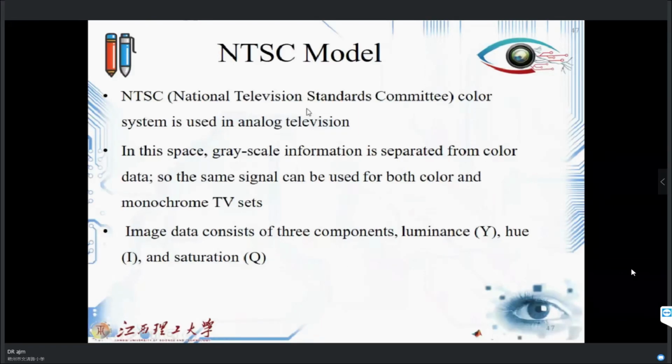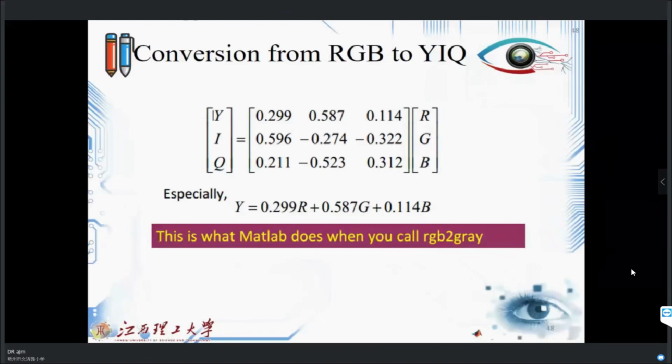If we want to do the conversion between RGB and YIQ for this NTSC model, we can use this matrix formula with these coefficients. For RGB to gray, we can simply do it in MATLAB, but really it's this matrix that does the job for them.